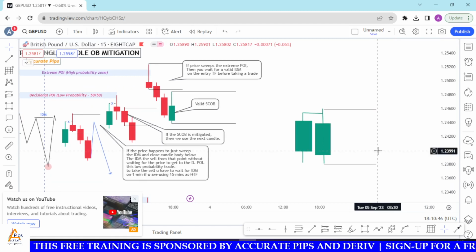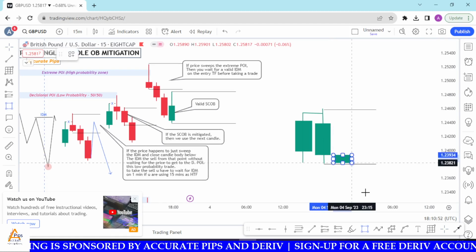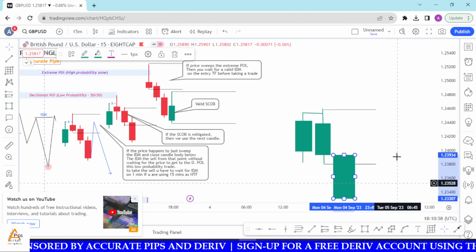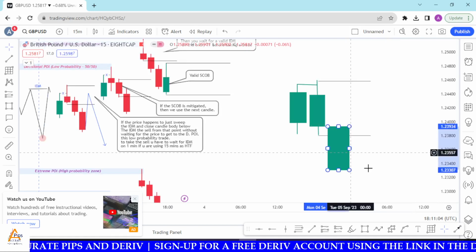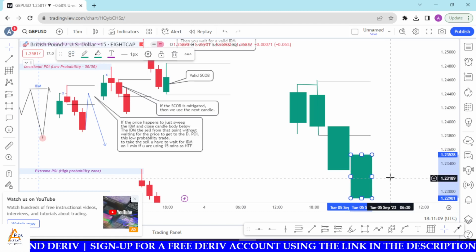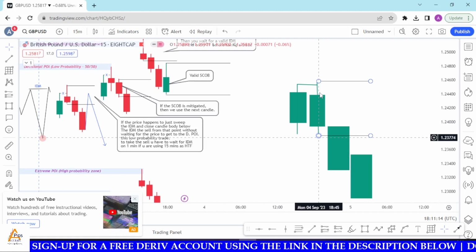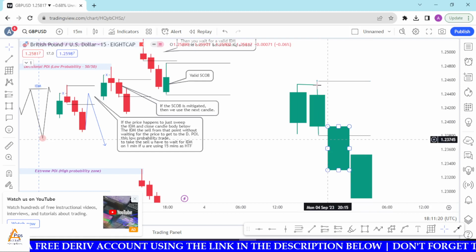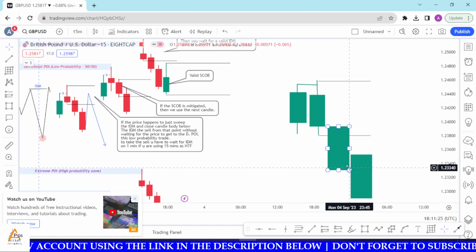Let's say the next candle opens this way, and then we have a third candle like this, and we have the gap between the low of this single candle and the high of this third candle. Then our single candle order block is unmitigated, so it means we can use it.